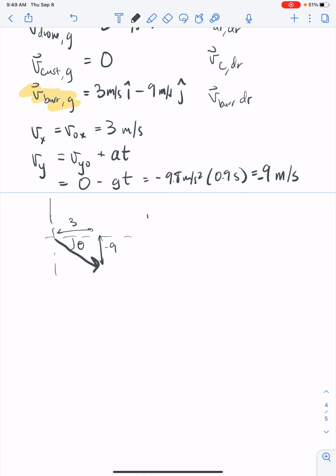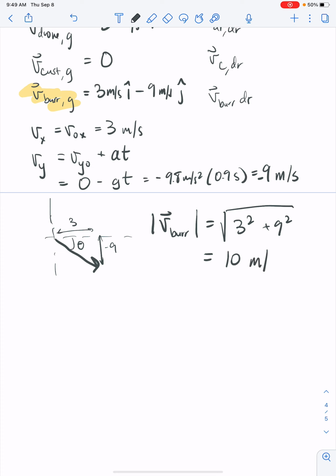So the magnitude, let's just call that the magnitude of the velocity of the burrito, is the square root of 3 squared plus 9 squared, which gives us 10 meters per second.